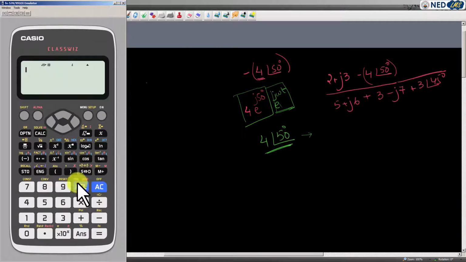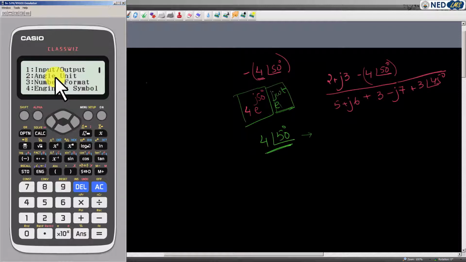If I press shift and this thing, 50 degrees, so this is given in rectangular form here, because if you press shift and go to setup, it will say the input output angle unit should be in degrees if you are evaluating phasors.